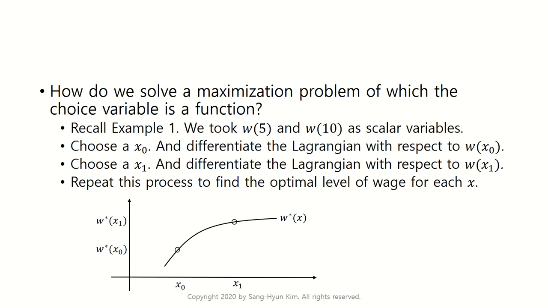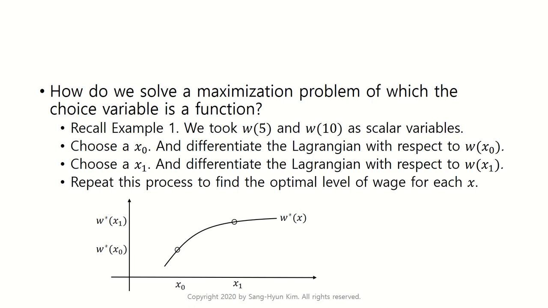How do you do that? We differentiate the Lagrangian with respect to w of x0. And then what's the next step? We choose x1, and we differentiate the Lagrangian with respect to w of x1.